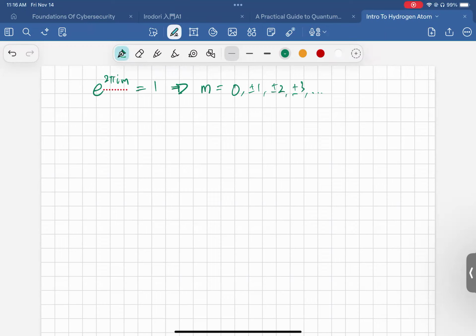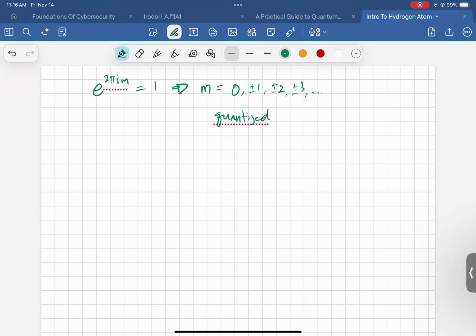Immediately we see that m takes on only certain values. Actually, it takes on integer values. So it's not continuous, it's discrete. We can say that m is quantized.